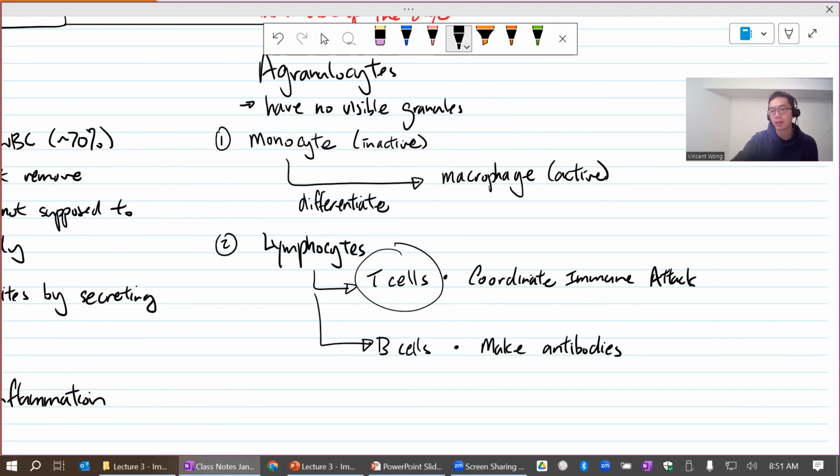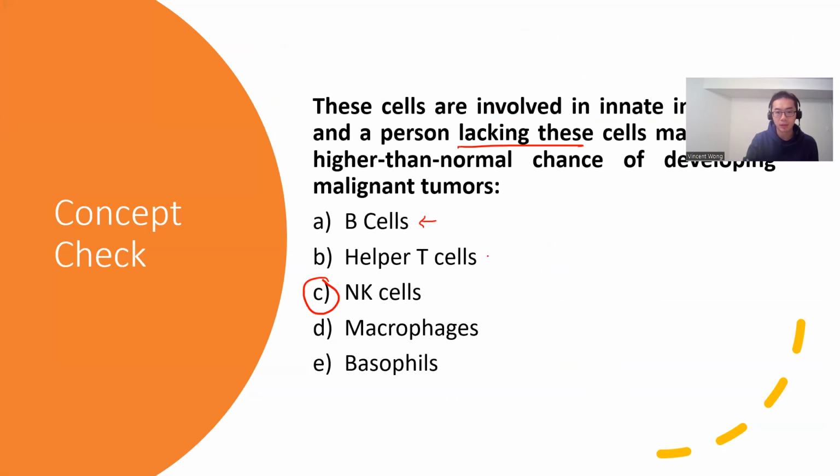And as for the other ones, we haven't learned this yet, so I'm not sure why people choose that one. Macrophages perform phagocytosis.